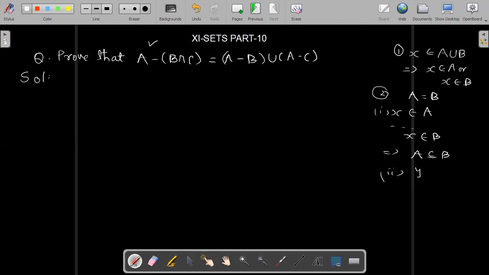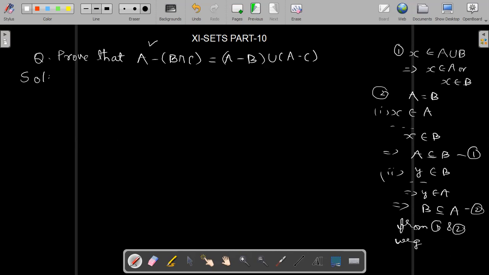Let Y belongs to B, and we use some properties to prove that Y belongs to A, which shows that B is a subset of A. So from first and second, when you prove A is a subset of B and B is a subset of A, then you can prove A is equal to B. So this is the way of proving equality in that theory.